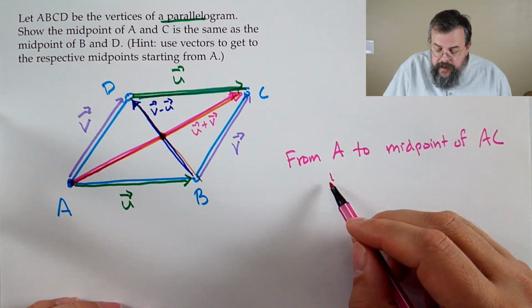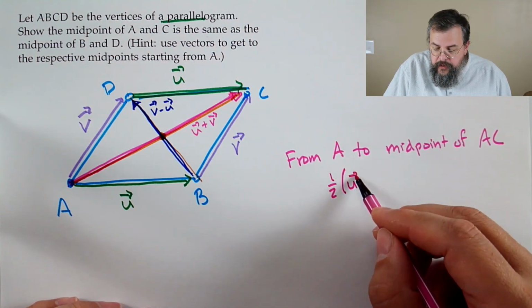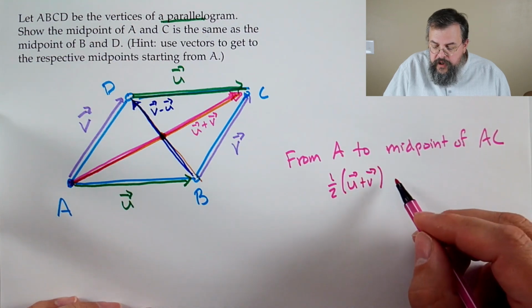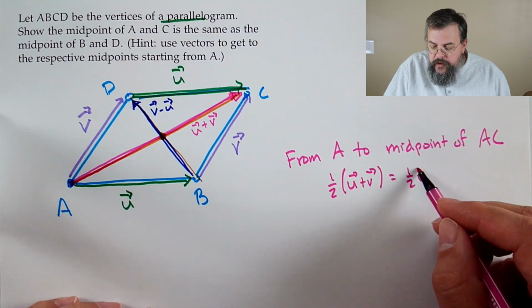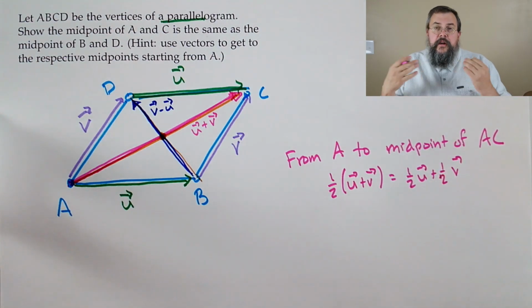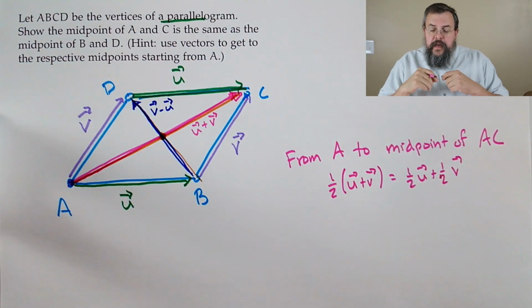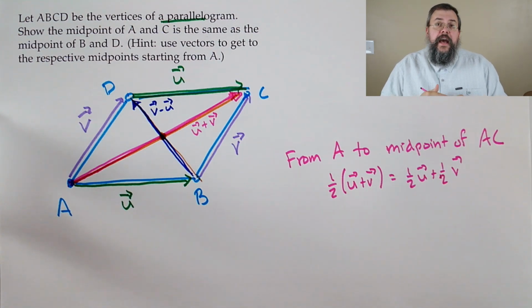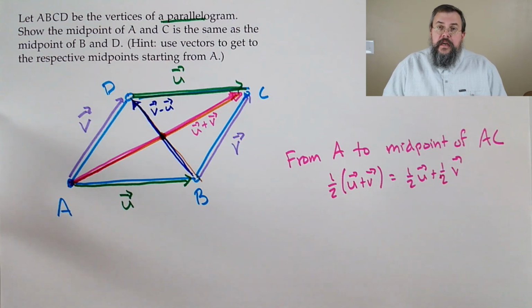So that would be 1/2 (U plus V), which is 1/2 U plus 1/2 V. So that tells me the rule to how you get from A to the midpoint of AC. You take half of U, you add half of V, and you're there.